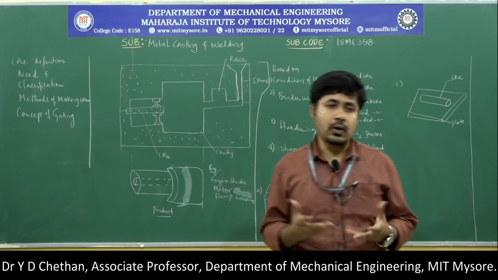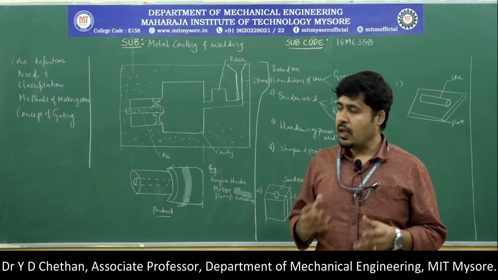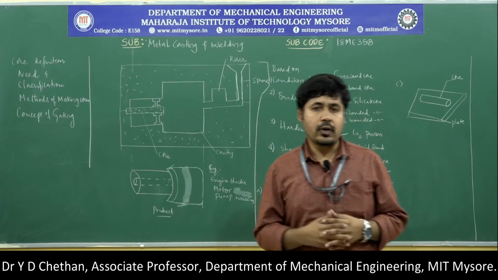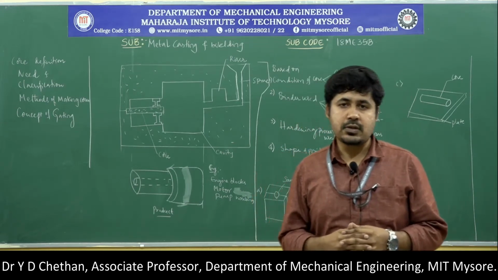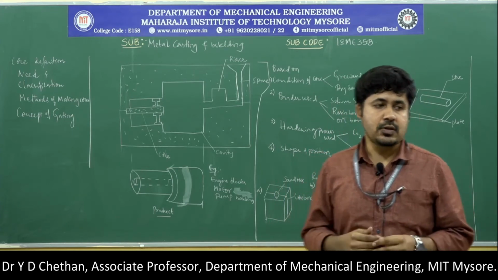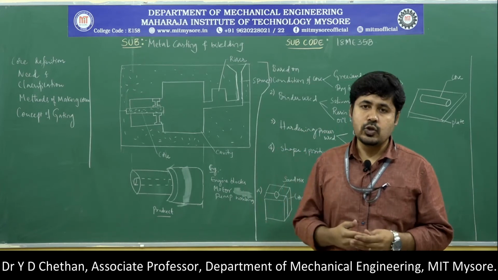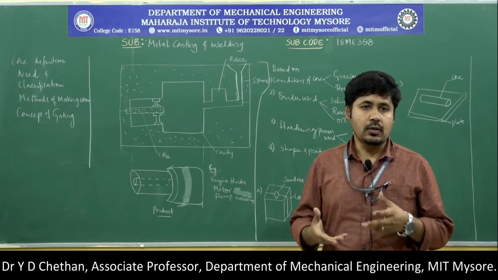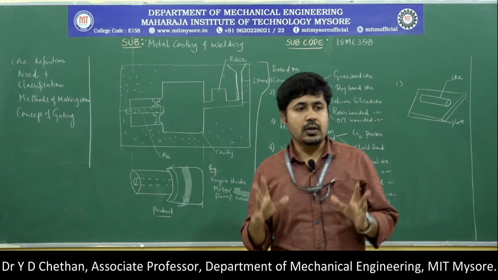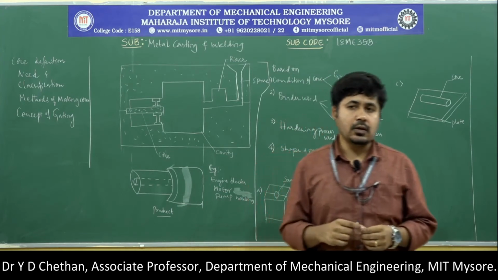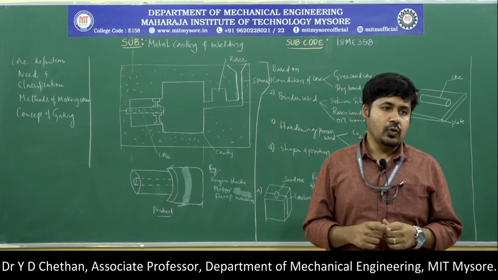If you want a good quality mold, then we have to have different molding machines, such as jolt machines, squeeze machines and sand slinger machines. In a jolt machine, jolt in the sense that you can push something. It has the structure of a piston and cylinder equipped with a two-way control valve.